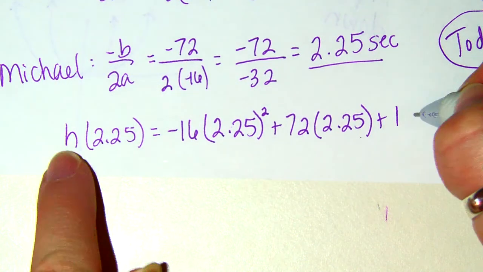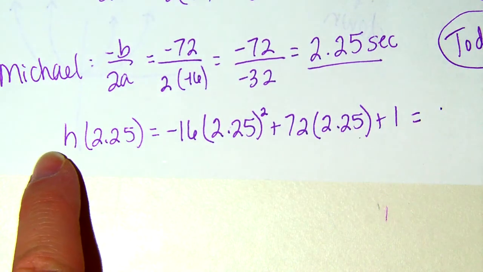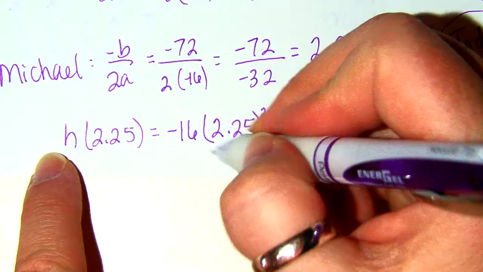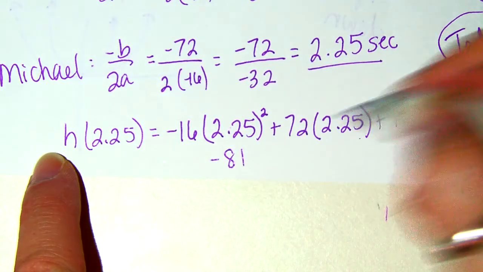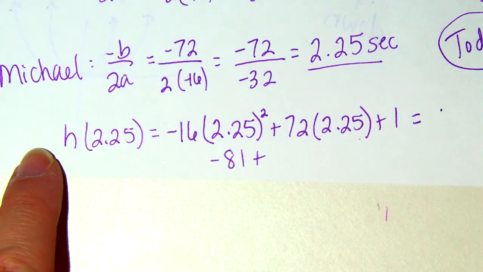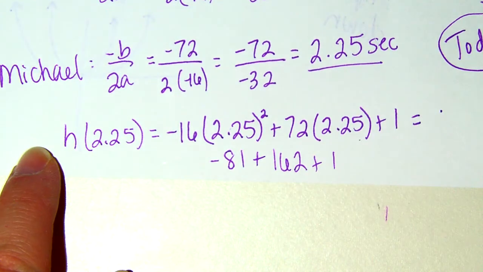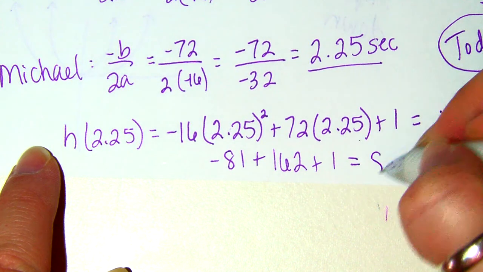Okay, we'll go with that. Oh, for this part? Or the whole thing? No, for the first part. Okay. Negative 81. Plus, what, 72 times 2.25? 162 plus 1. Okay, so then, were you saying the final answer, Kenzie? Yeah. 82 is right.